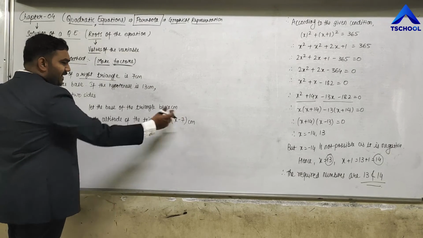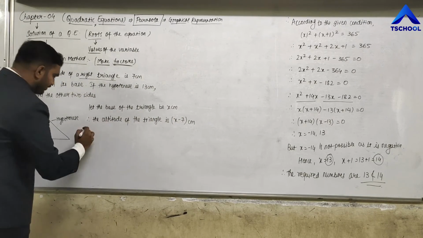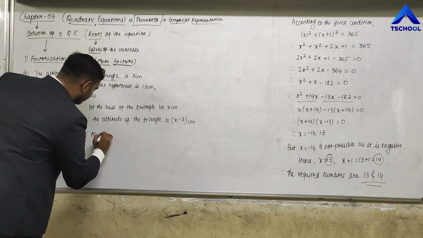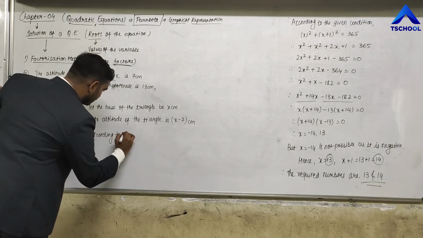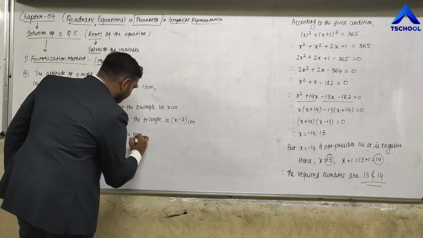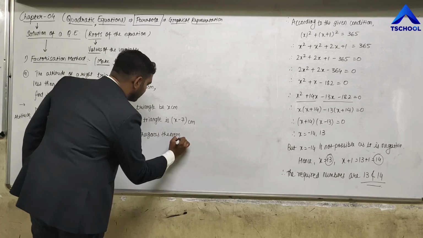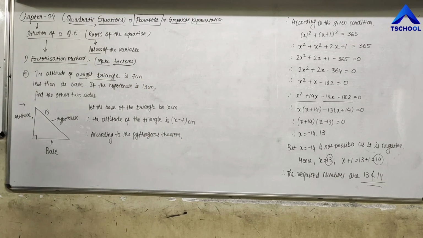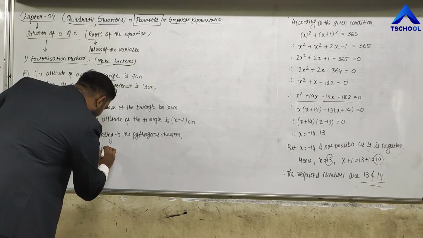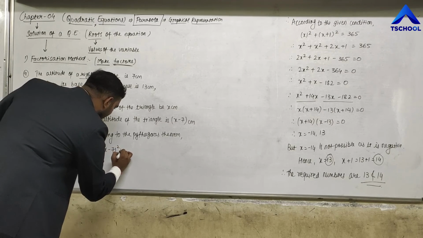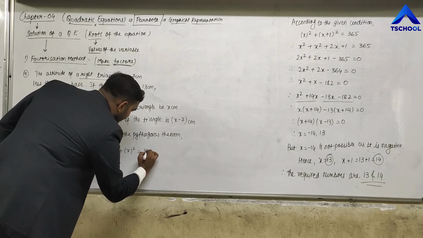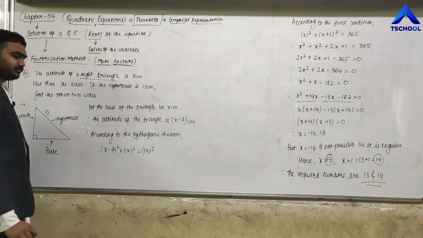That means base minus 7 will become its altitude. Therefore, according to the Pythagoras theorem, that means the sum of the squares of the sides making the right angle is equal to the square of the hypotenuse. So that means x minus 7 square plus x square is equal to 13 square.